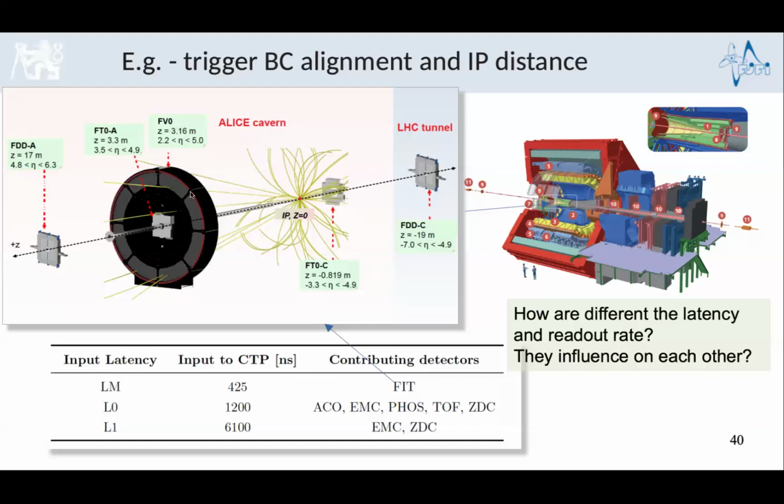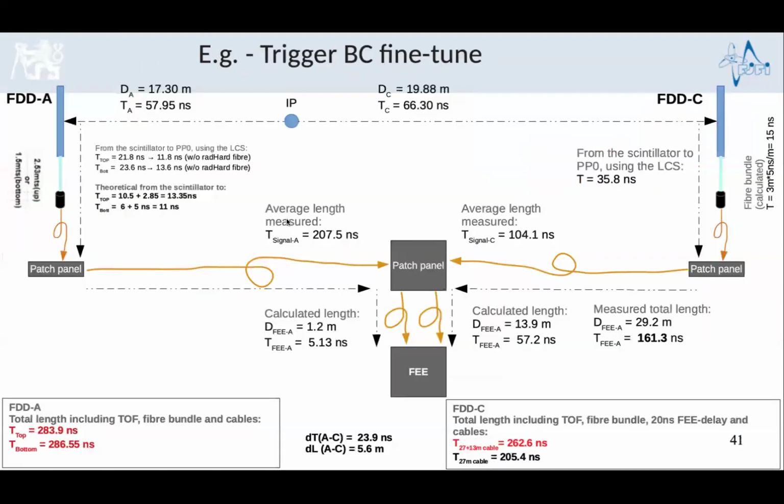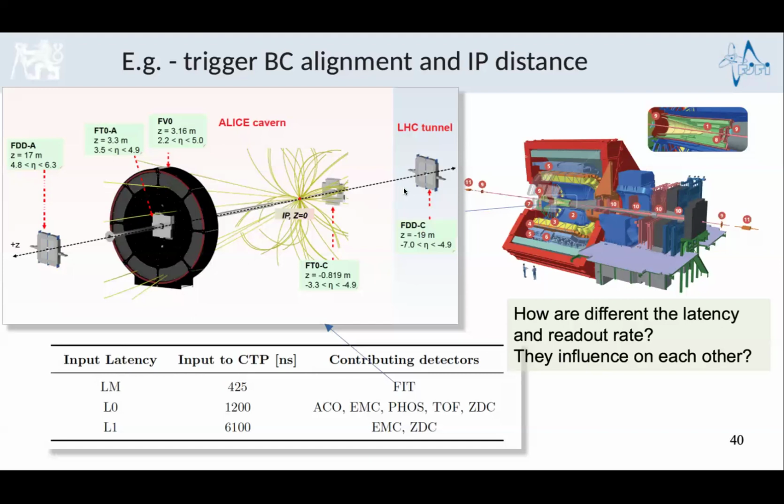Also FV0, which is a scintillator and is also close to the interaction point, copes with this requirement. But the FDD, which are scintillator detectors that are around 17 and 19 meters from the interaction point, is too far. And apart from the cables, because the physical position is large, also the time of flight of the particles to reach the detectors has an influence on that. Okay.